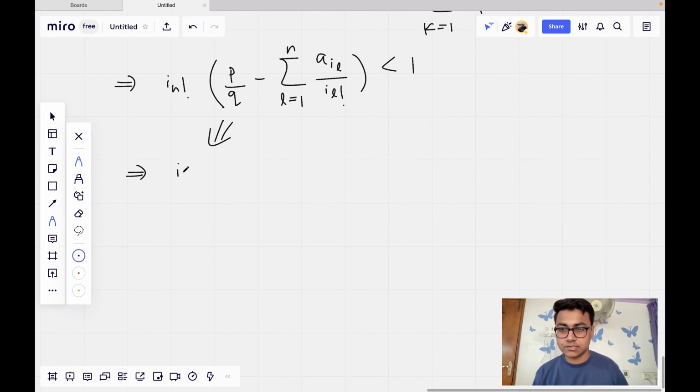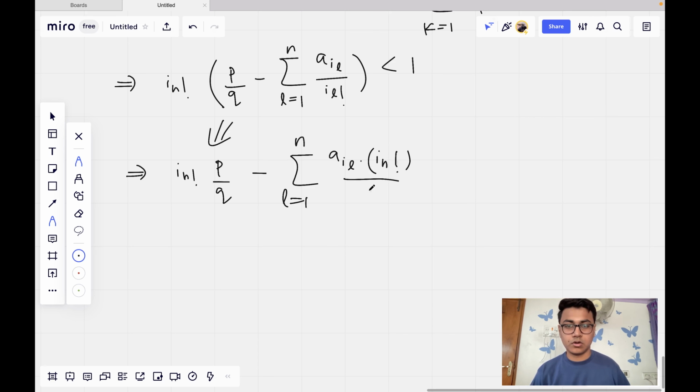We look at this quantity. This quantity is just i_n factorial times p by q minus summation as l goes from 1 to n of a_{i_l} times i_n factorial over i_l factorial. Since i_n is greater than q, this term is a positive integer.